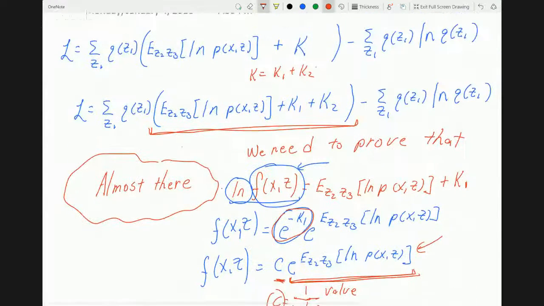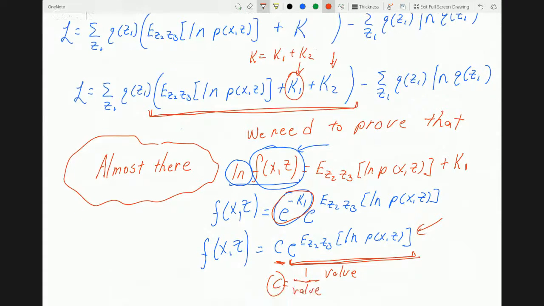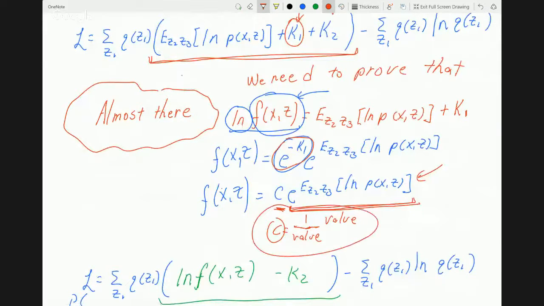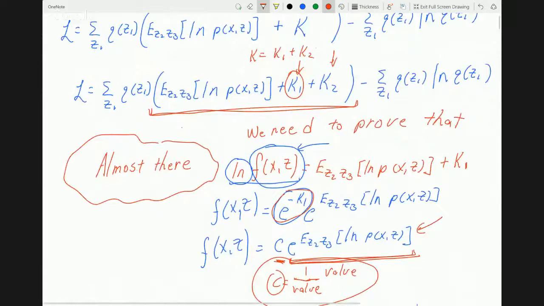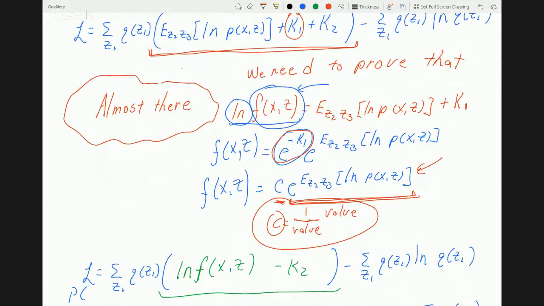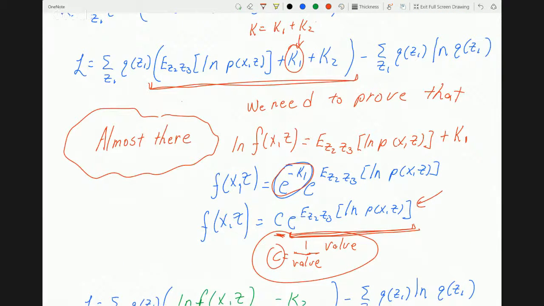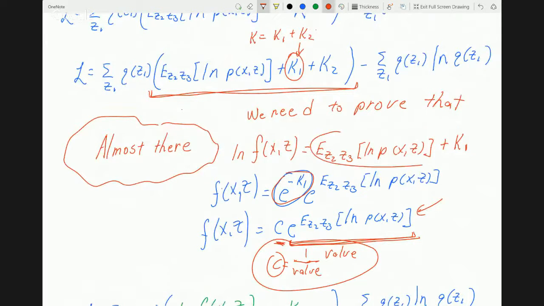Remember over here, we split K between K1 and K2. So we just have to pick K1 so that this whole thing becomes a probability distribution, and the rest we just put in K2. Now, if we do that, we can then make the statement that this thing here is equal to the log of some probability distribution.